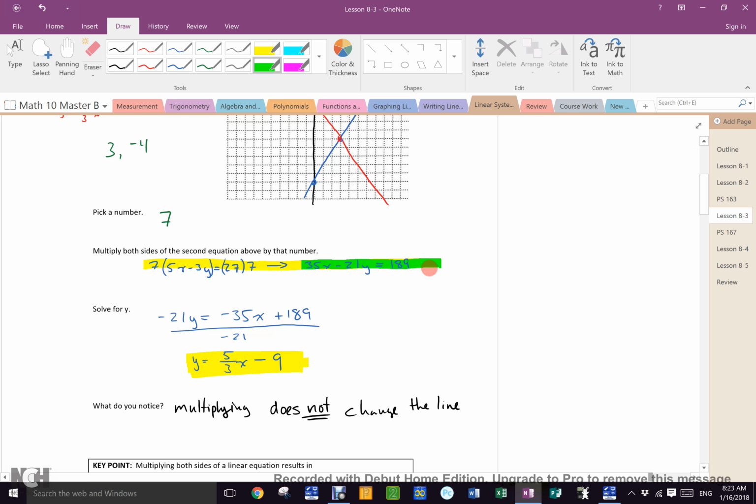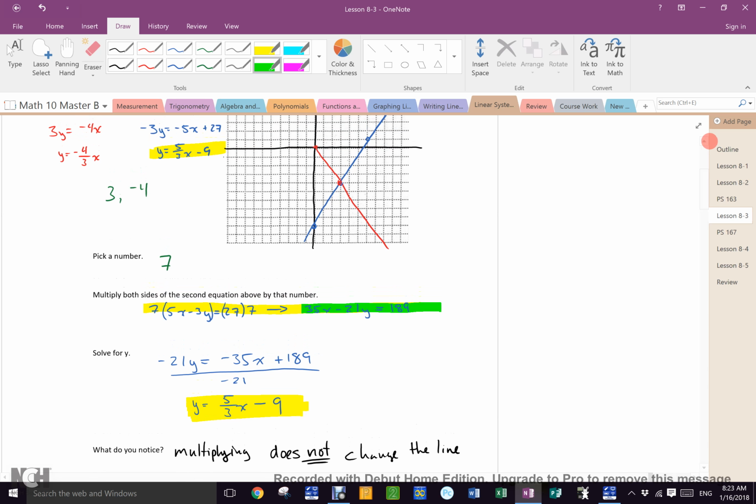Does what I just made green look like either of the equations in my original system? Is anything there in green any of the numbers that were in my original system? No, it isn't. So that means I can change the equations in my original system and not affect the solution.